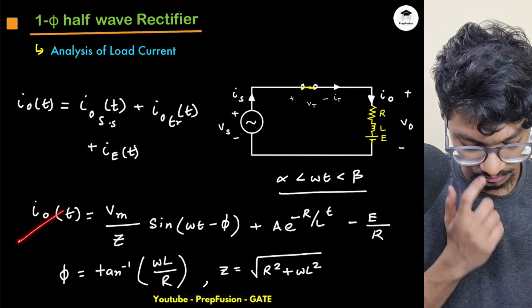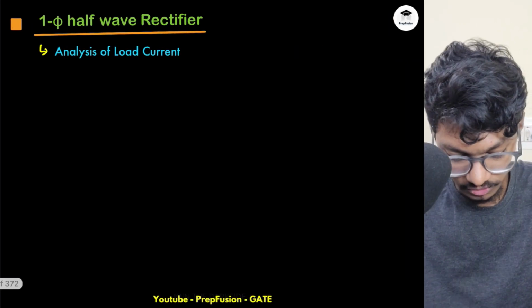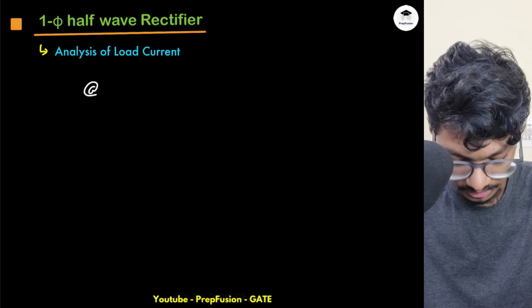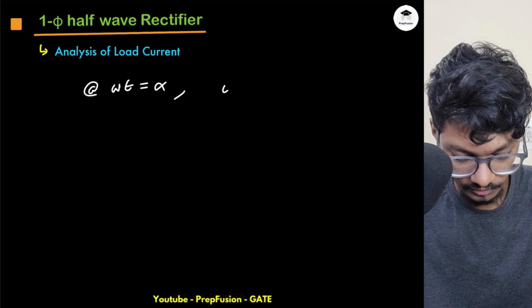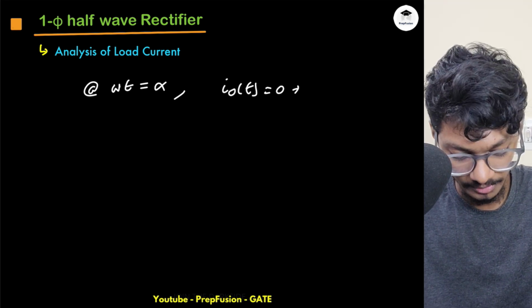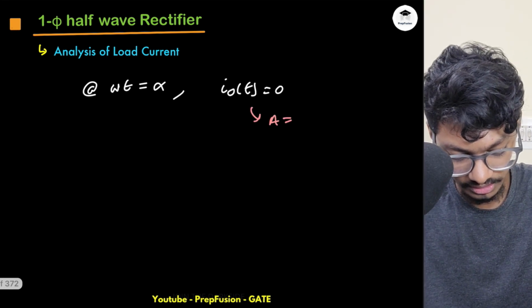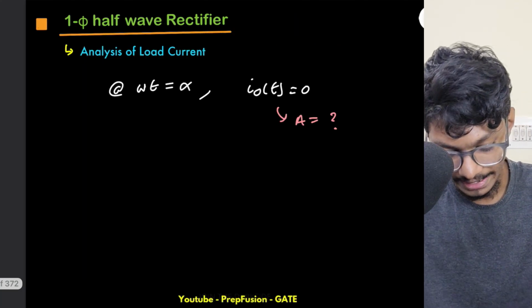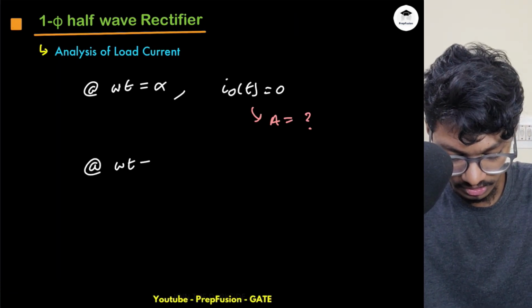So this is IO of t, this is phi, Z, all those things. This we already know. Again, at omega t equals alpha, what condition do we know? We know our I of t will be equal to 0, and from there you will be able to find the value of the unknown A. Another case is how to find the extinction angle at omega t equals beta.